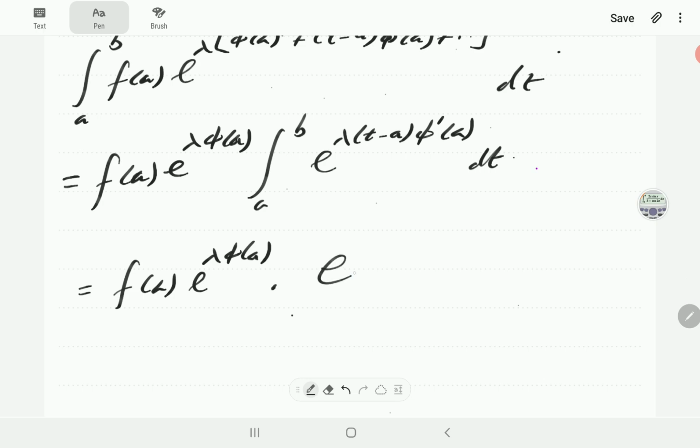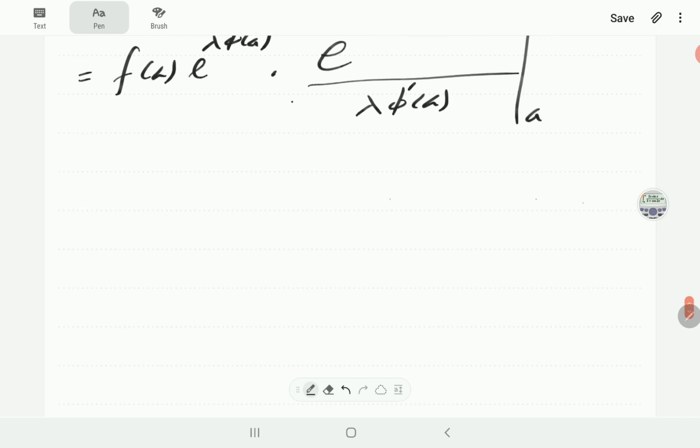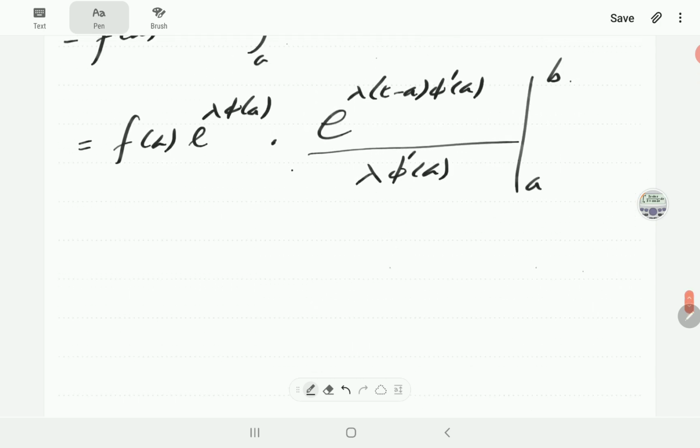It's going to be e to the lambda t minus a phi prime at a, all divided by lambda phi prime at a, evaluated between a and b. If we substitute, it's going to be f of a e to the lambda phi at a.